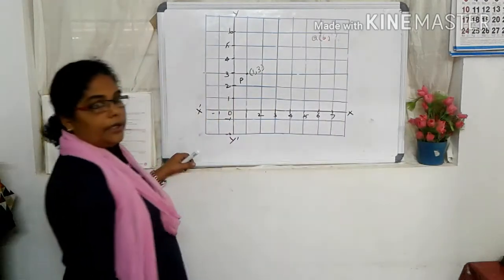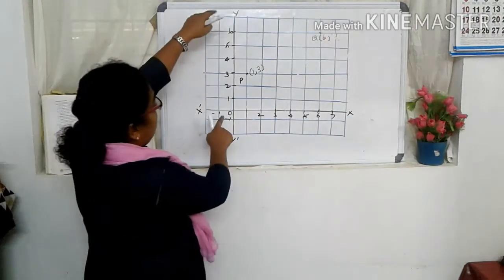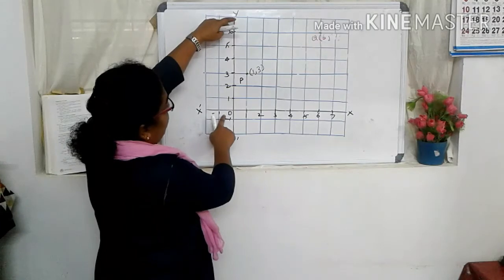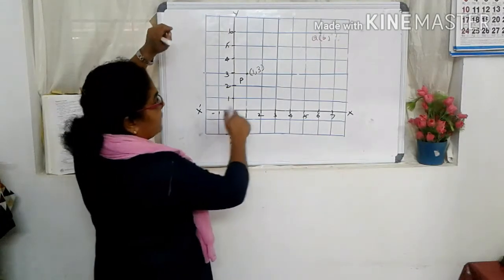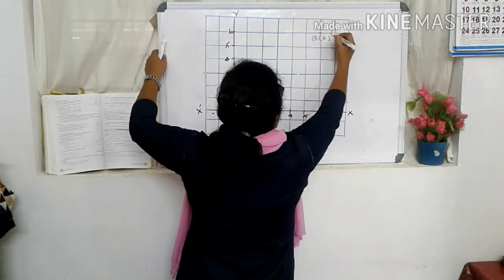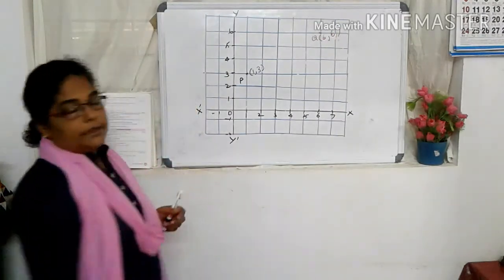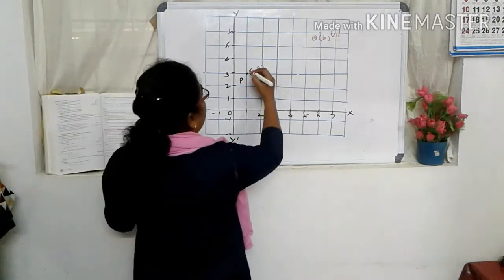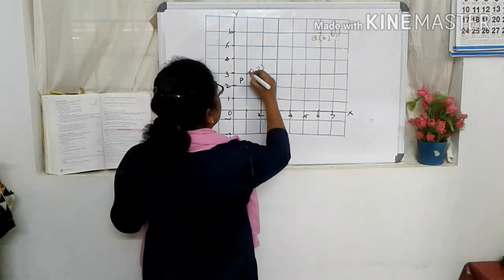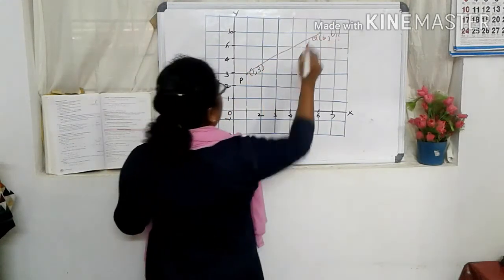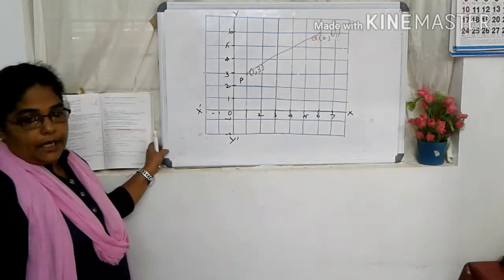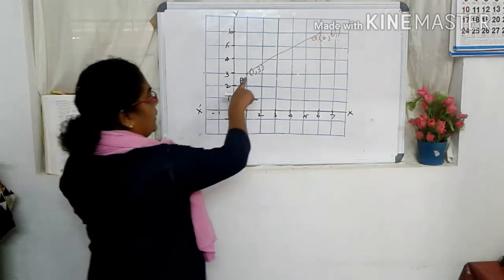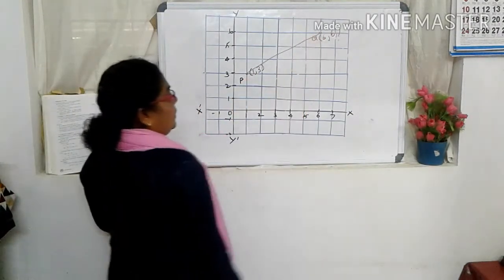And from the y axis, how many points away from the origin? 6 points, so the y coordinate is also 6. So Q is (6, 6). Now we have to find the distance between PQ. That is our aim here.